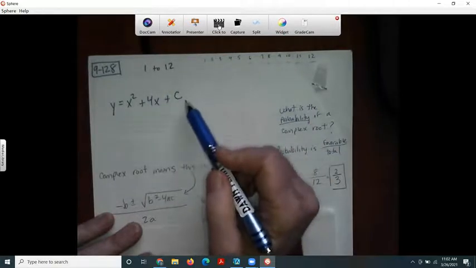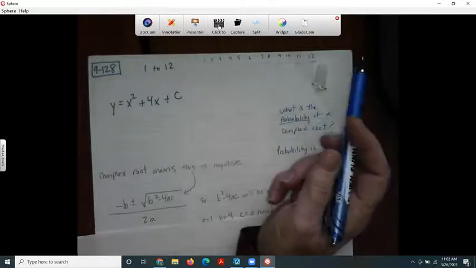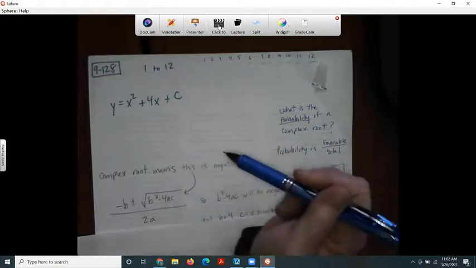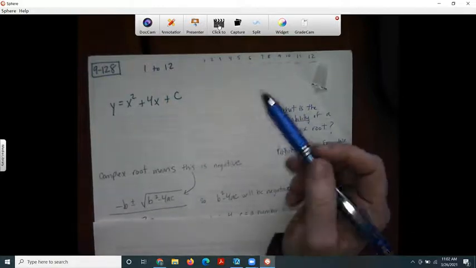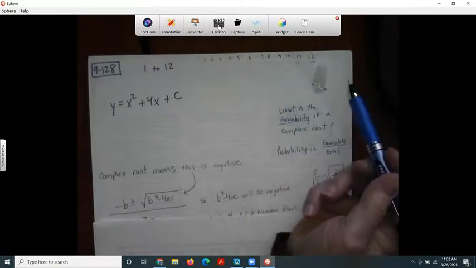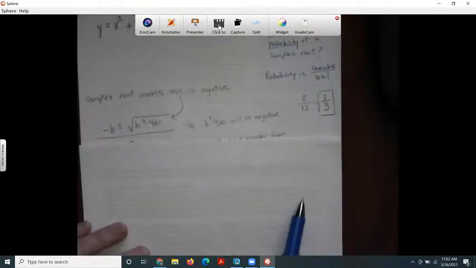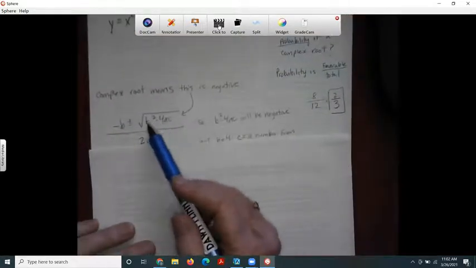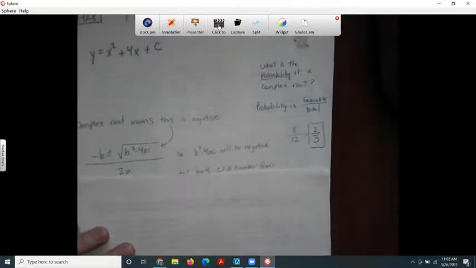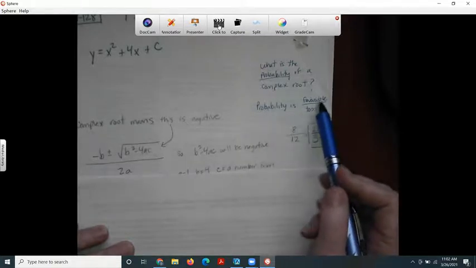So we don't know. I don't want to try every single number. You could try every single number and plug each one in one at a time into the quadratic formula, but that would take a long time. There's a better way. The better way is to know that this thing has to be negative for it to be complex. Because we're trying to find the probability of a complex root, and probability is the favorable over total.